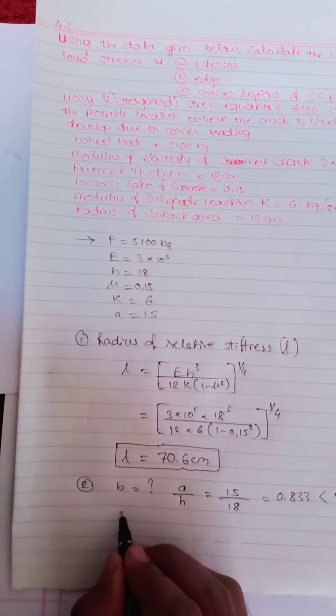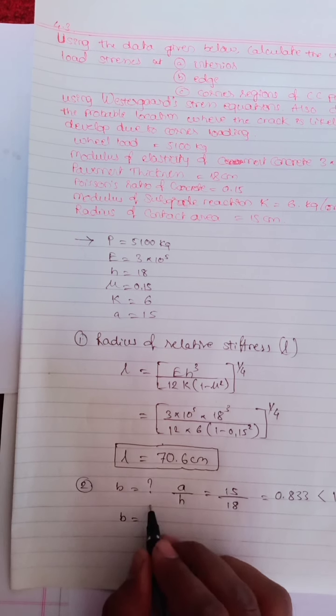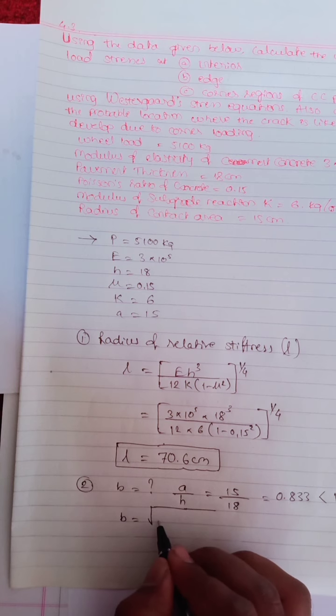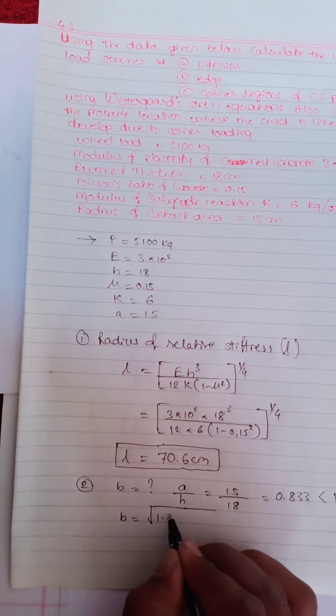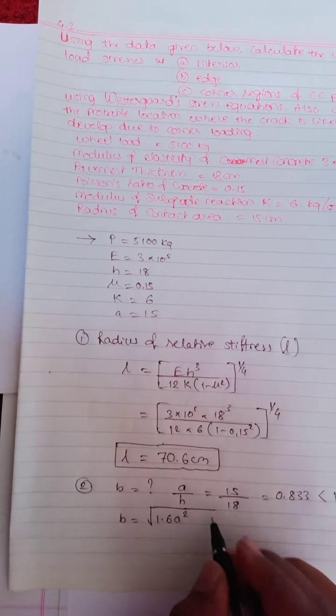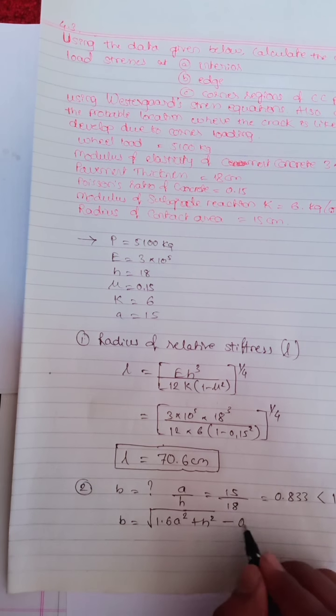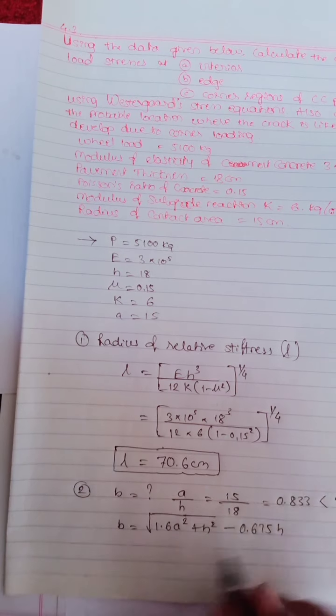So we need to calculate b using the formula. What is the formula? b is equal to square root of 1.6 a square plus h square minus 0.675 h.